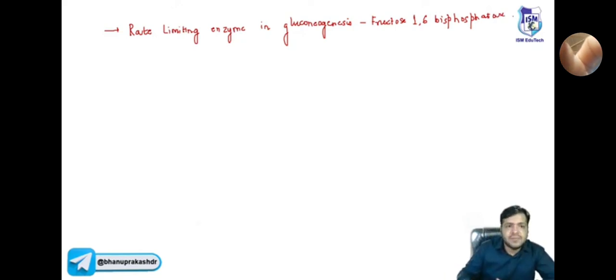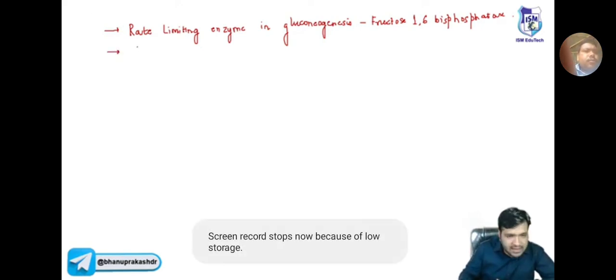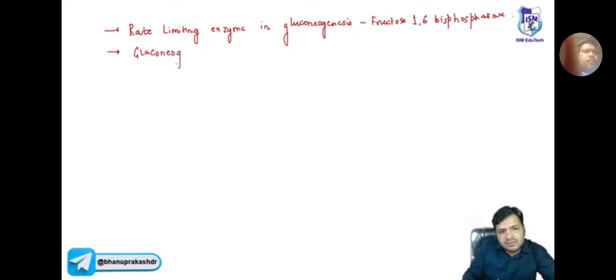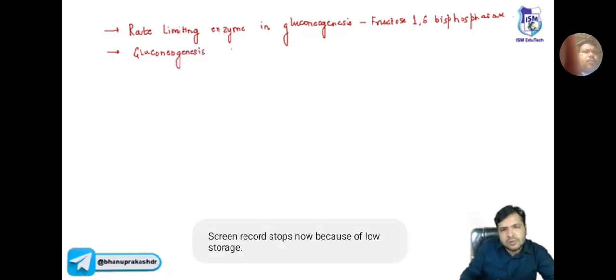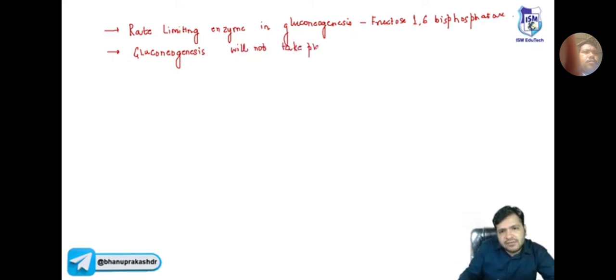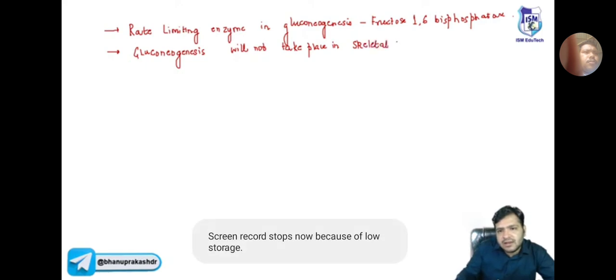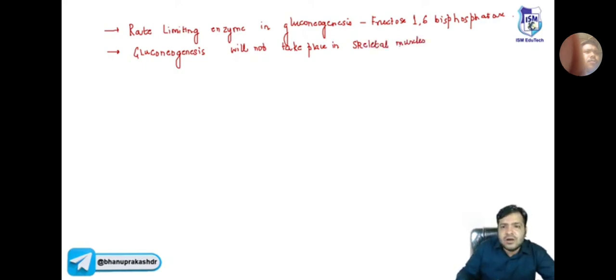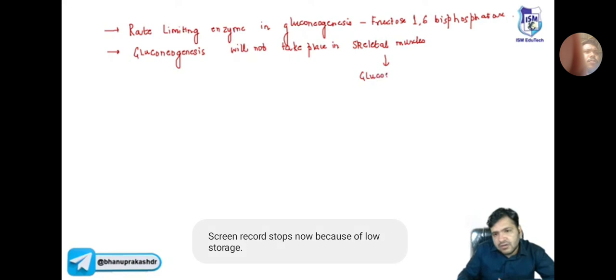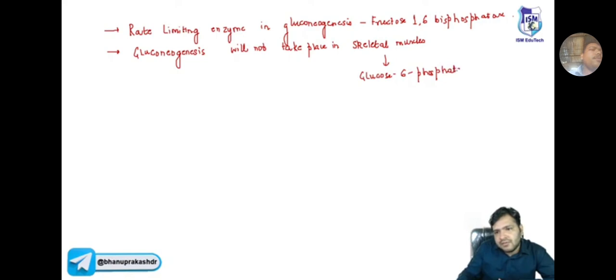Apart from that, remember one more thing: gluconeogenesis will not take place in skeletal muscles. Why? Because in skeletal muscles, the glucose 6 phosphatase enzyme is absent.